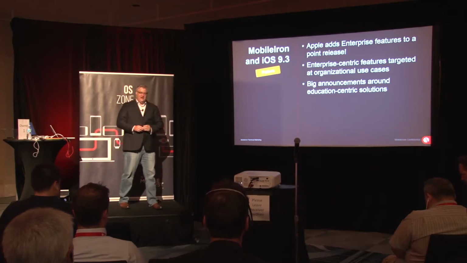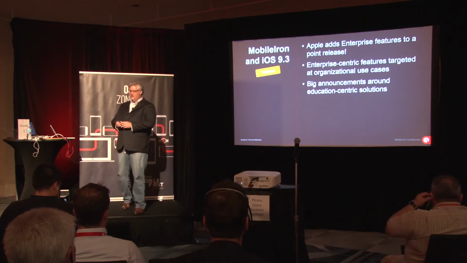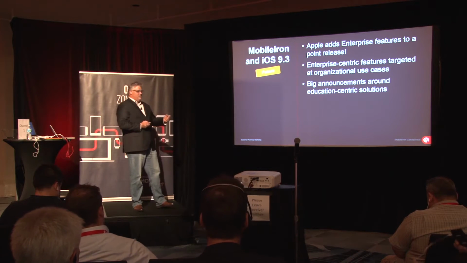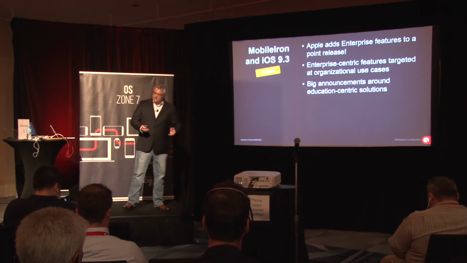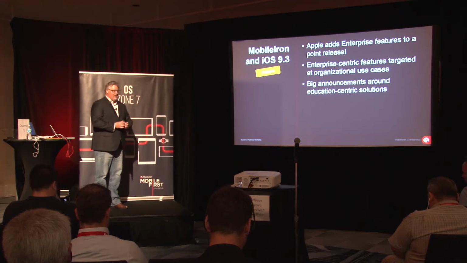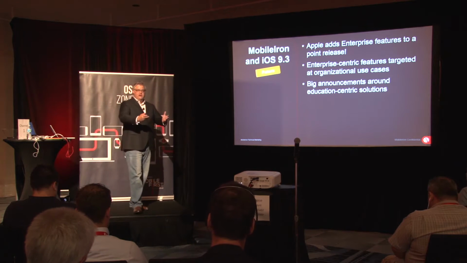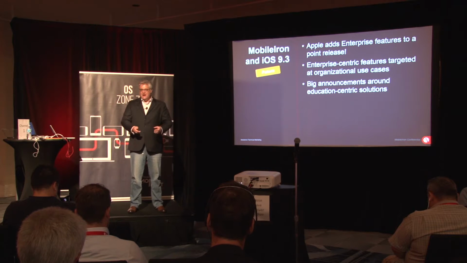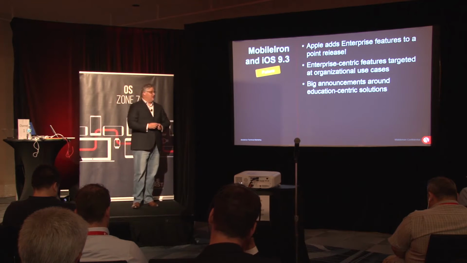Okay, so what is interesting about Apple and iOS 9.3? Well, what's interesting here is that for the first time in as long as most of us can remember, Apple introduced new enterprise-centric features or organizationally centric features in a dot release. Typically what Apple has done in the past has gone through the process of announcing a whole suite of features at Apple's Worldwide Developer Conference and then rolling those things out across the year until the next developer conference.